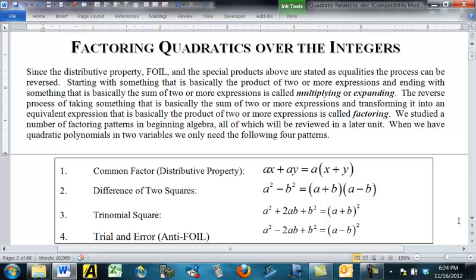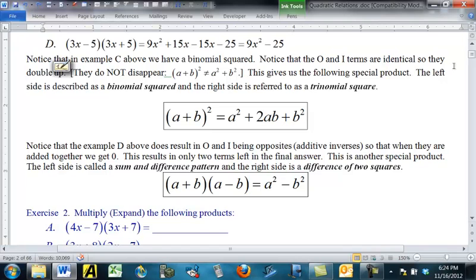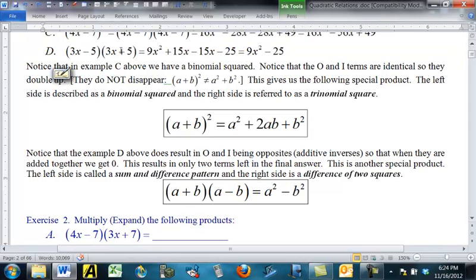Basically, in multiplying out, if you look at one of these problems, let's say D here, what do we have? The left expression is basically a binomial times another binomial. So the last operation there is multiplication.